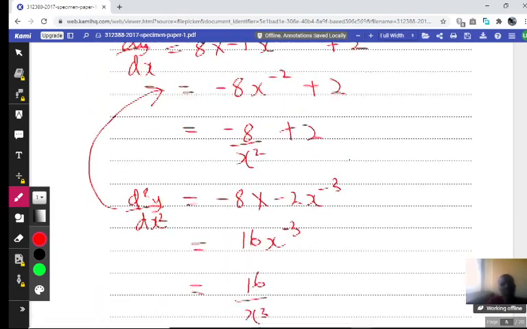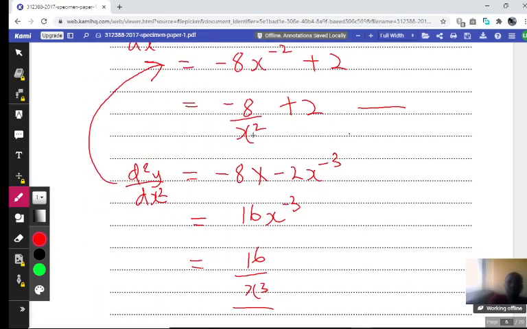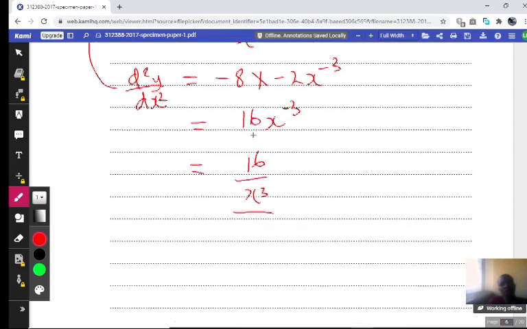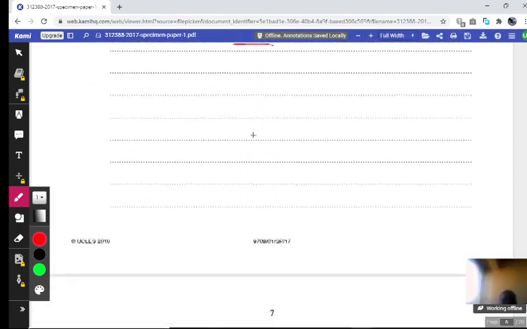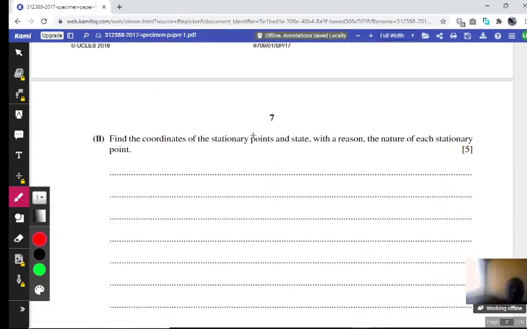So where is our dy/dx? You can take it from here: minus 8 over x squared plus 2, then equate that to 0. So minus 8 over x squared plus 2 is equal to 0.